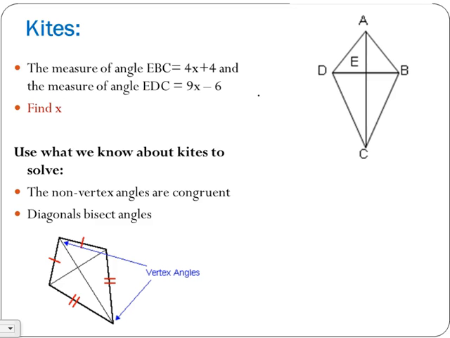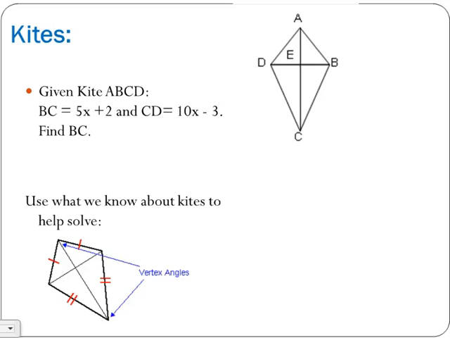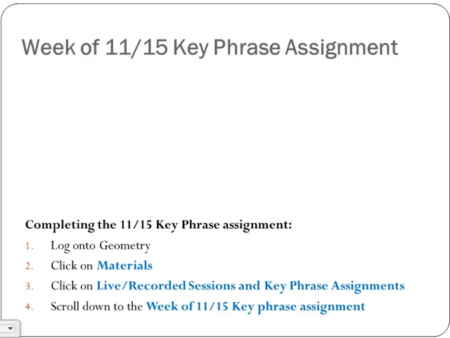So, you're going to learn more about kites in this week's lessons, but that's just a little preview of what you're going to see, and then you can apply those properties to solve different problems.